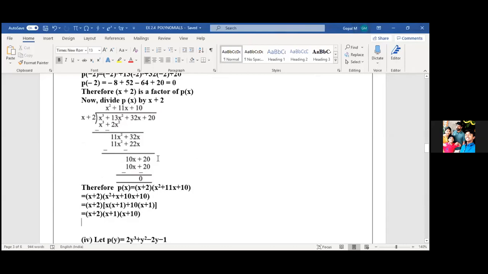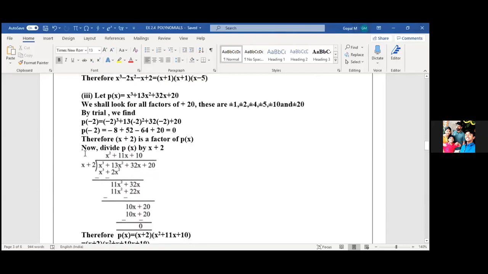Here, one more thing I wanted to say. Ma'am has taken directly minus 2. Why can't I take minus 1? You can take. Am I clear, children? If you take x equal to minus 1, p of minus 1, here you'll get x plus 1 as a factor. From that, if you divide, you'll be getting a different quotient.